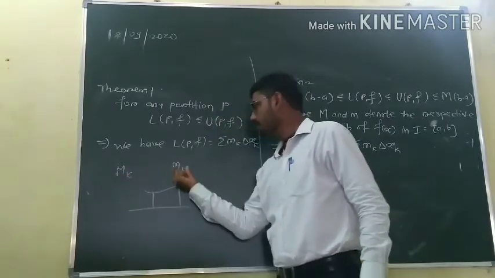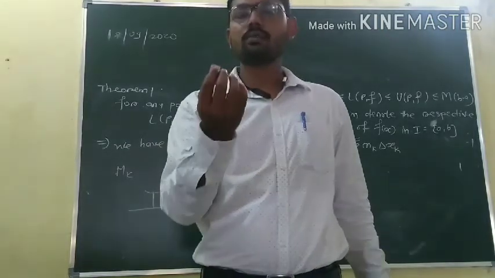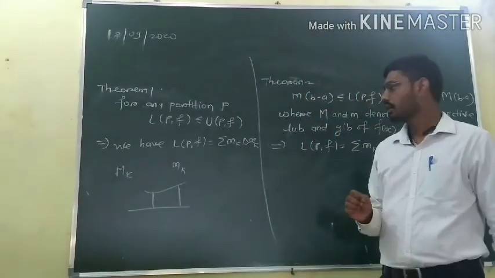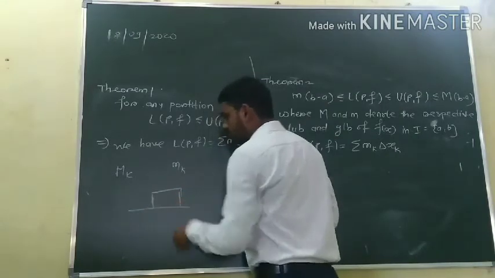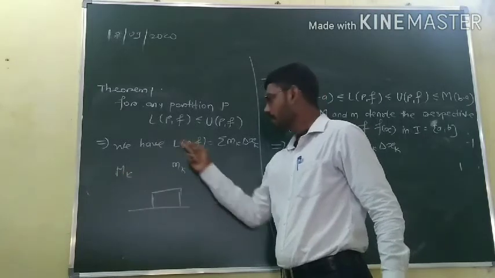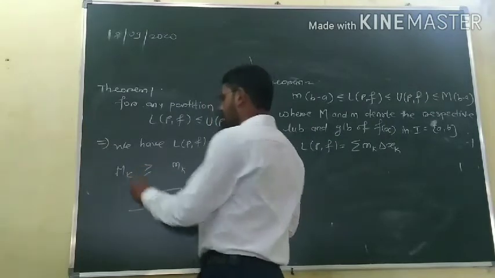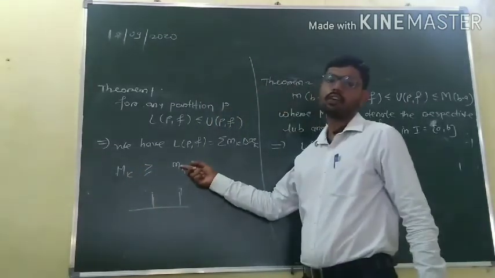This is the minimum value of the function, and everyone knows that the maximum value is always greater than or equal to the minimum value of the function in the interval. Only if the function is a constant function, then the upper value, that is maximum value, and the minimum value are the same. Otherwise, the maximum value of the function in some interval is always greater than or equal to the minimum value of the function.